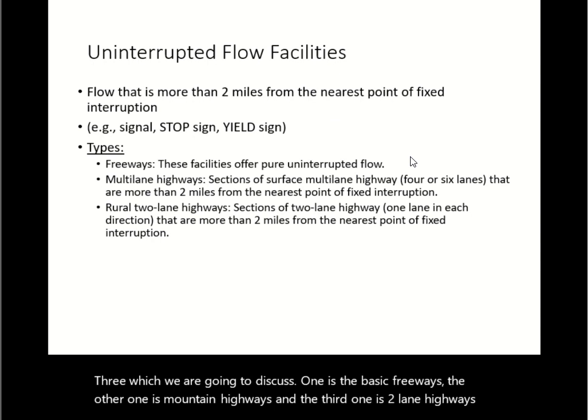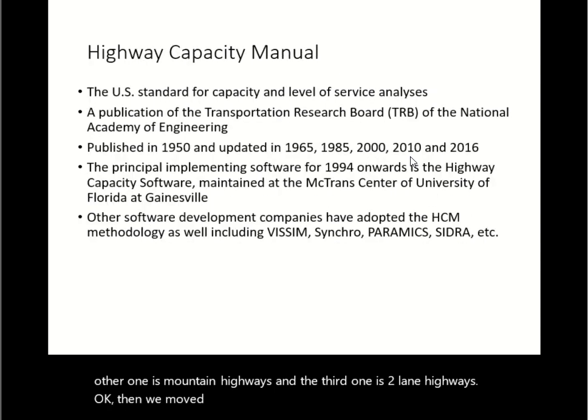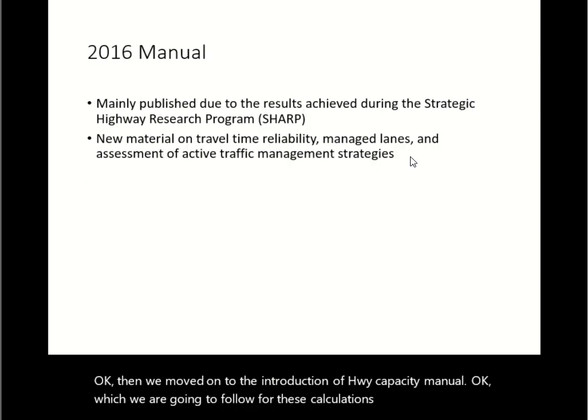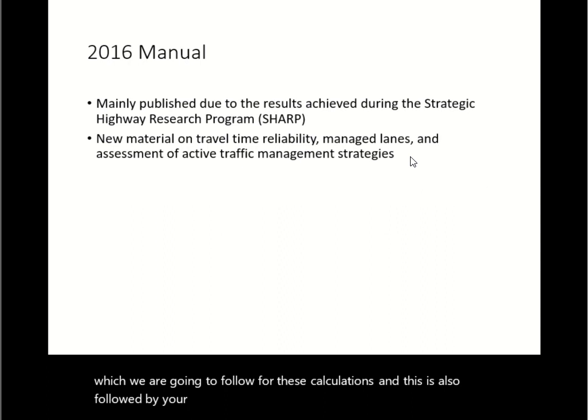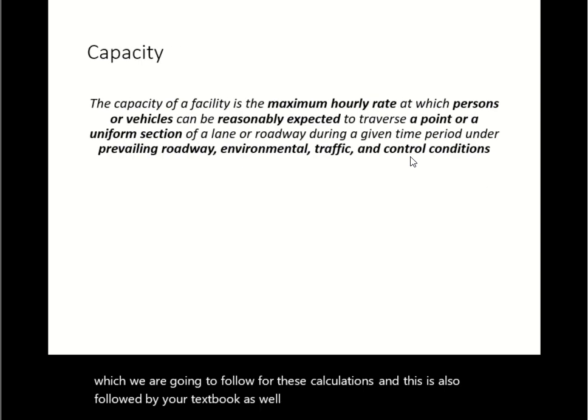Then we moved on to the introduction of the Highway Capacity Manual, which we are going to follow for these calculations, and which is also followed by your textbook. This manual gives us a complete definition of capacity.